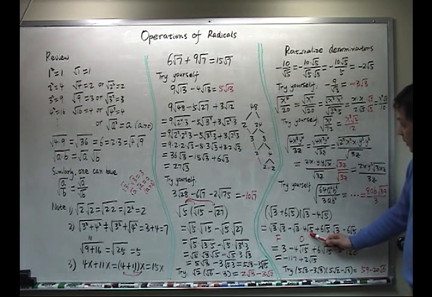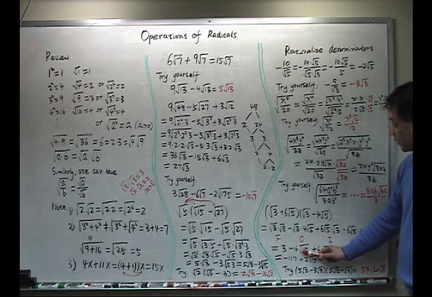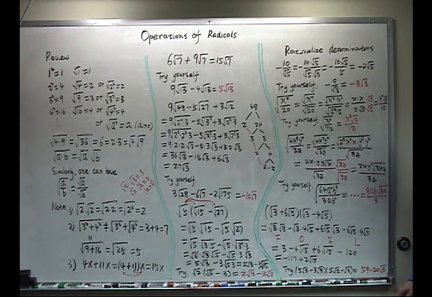Radical 3 times radical 5, 3 times 5 is 15 inside the radical. And then 6, you keep it outside. 3 times 5 is 15 inside the radical. We know radical 5 times radical 5 is 5. 5 times 4 is 20. 20 times 6 is 120.